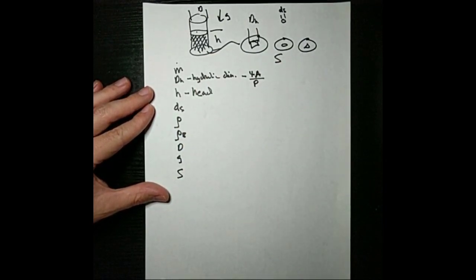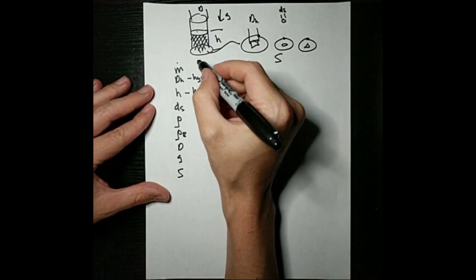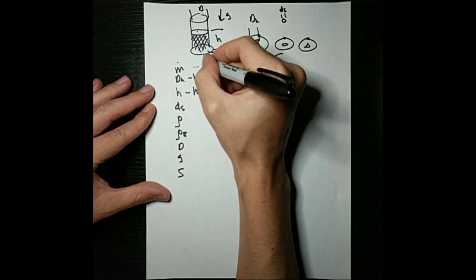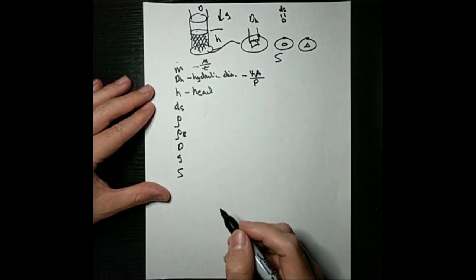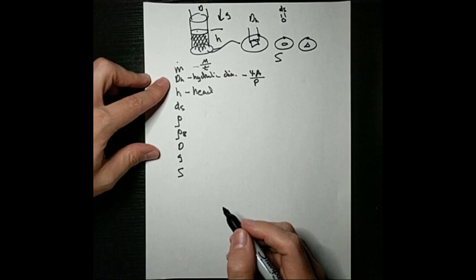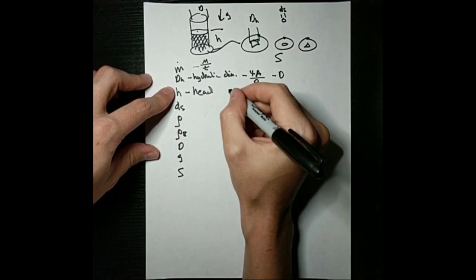Now the next step is we need to list all of these parameters in terms of their dimensions. So not just their units, because we don't want to assign units to anything right now. We want to think about what are the dimensions of each of these. So mass flow rate is mass per time unit. Hydraulic diameter is a diameter.